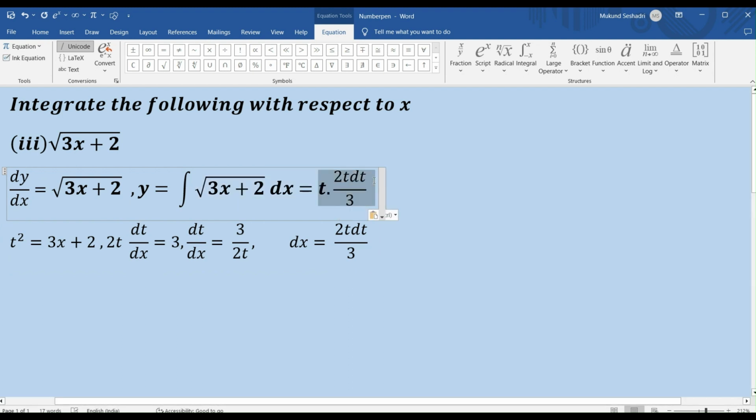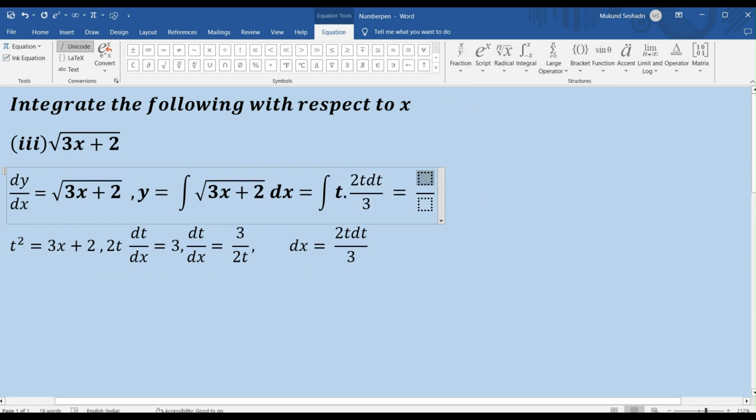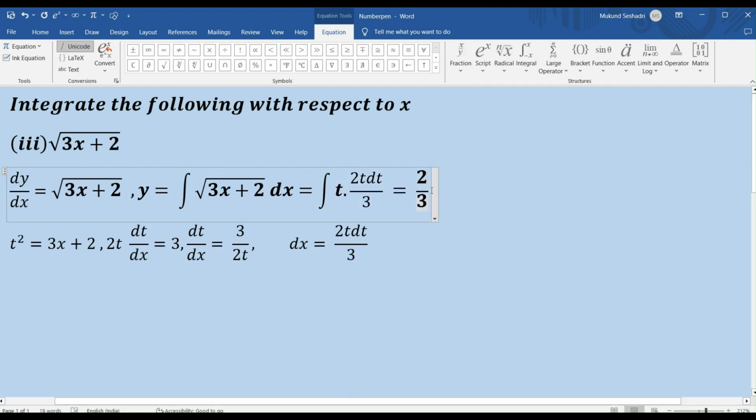And remember to use the integral symbol here everywhere, right? So now I have an expression which is very familiar to me. I pull out the numbers 2 and 3, and I write this expression t dot t dt, which is nothing but t square dt, right?